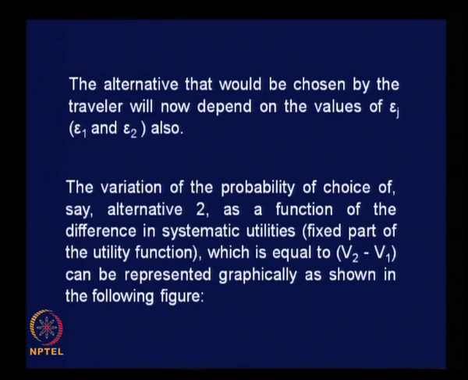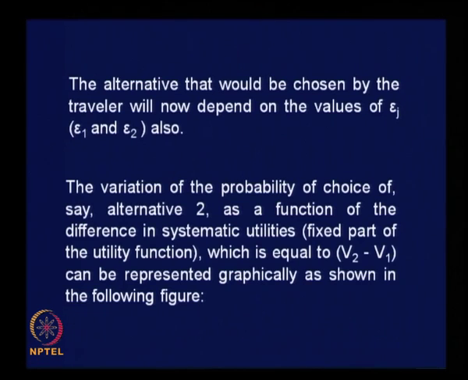The variation of the probability of choice of, say, alternative 2. Let us say we are interested to know the probability of choice of alternative 2 as a function of the difference in systematic utilities, as a function of the difference in the systematic or the constant or the average utility indicated by V, the fixed part of the utility function, which is equal to V2 minus V1.